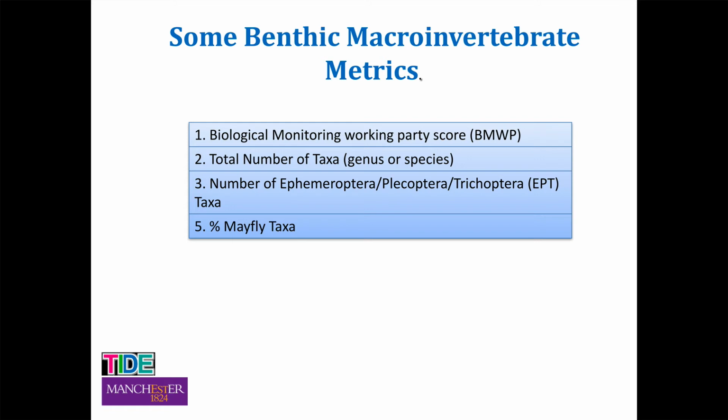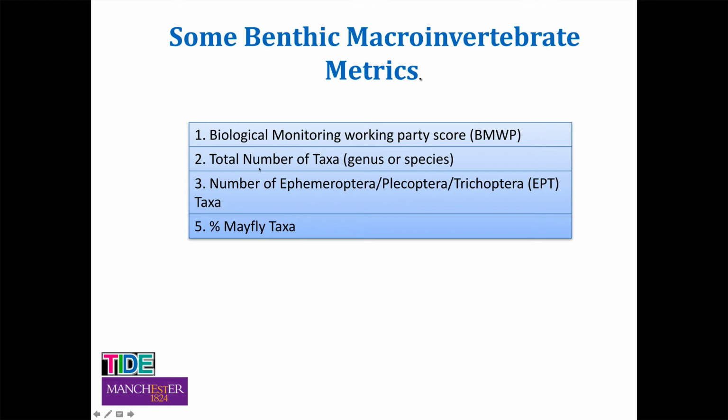So for example, something very sensitive to pollution would get a score of 10, and something that's very tolerant to pollution might get a score of 1. And we're actually going to look at this BMWP and try it for ourselves in the lab.